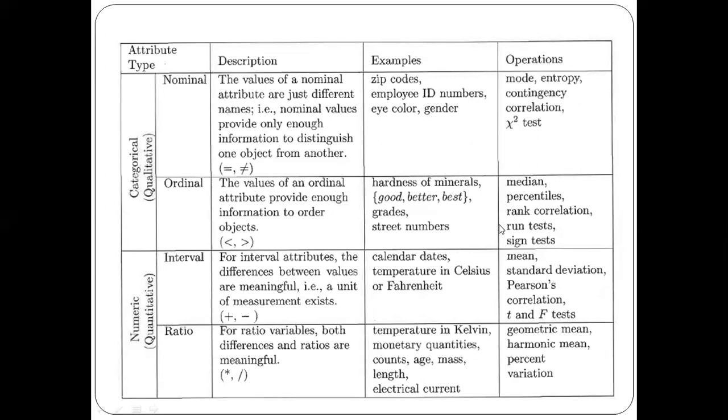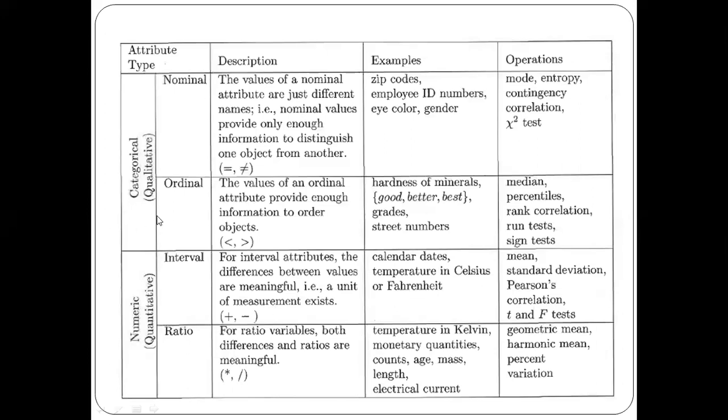For example, if you have the operations mode and entropy, they will be satisfied by the nominal attribute here. You can even use them to measure the ordinal attributes. That is also applicable to these attributes. So any property or operation valid for the upper level attributes is also valid for the lower level attributes.